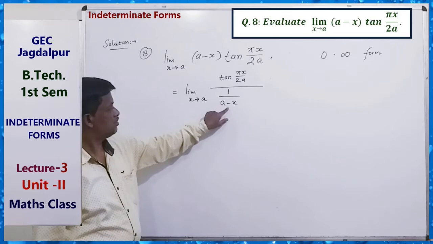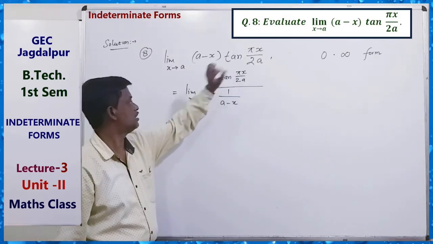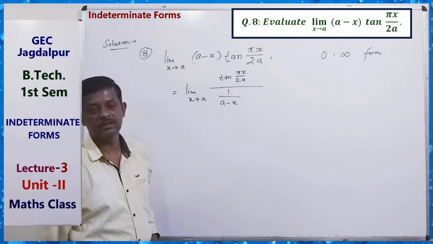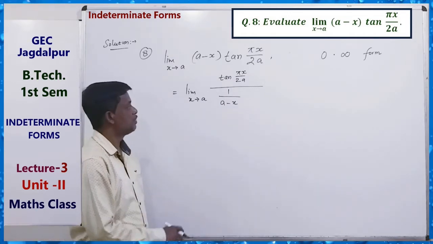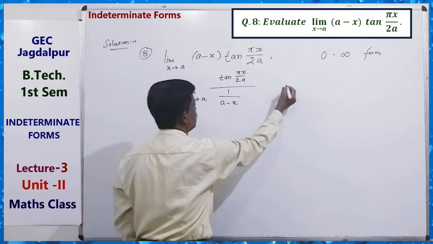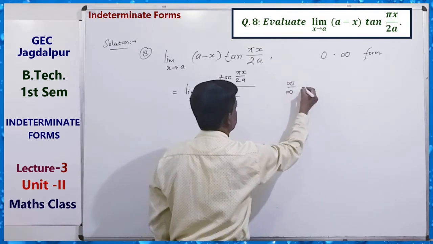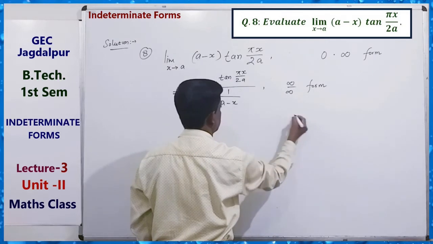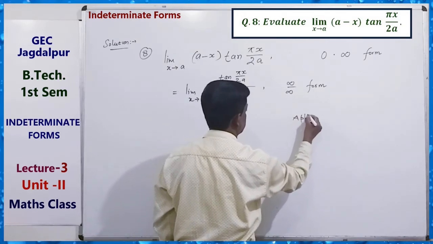This is tending to 0, so 1 by 0 is infinity, this is also infinity. So very simple. This is what form? Infinity by infinity form.